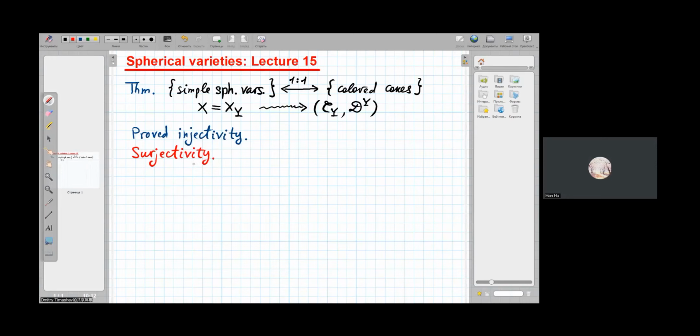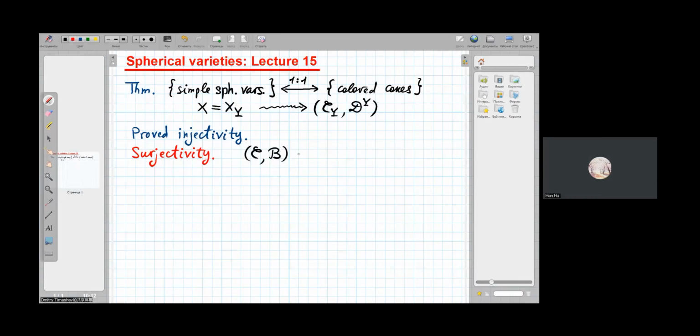In other words, given a colored cone, say C, comma B, where C is a cone in this vector space which is pointed and whose relative interior intersects the evaluation cone, and B is a subset of colors.